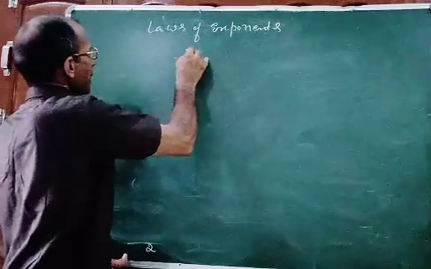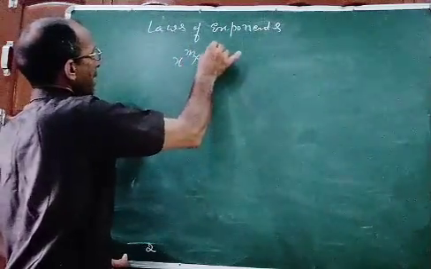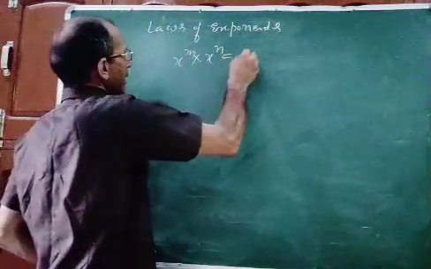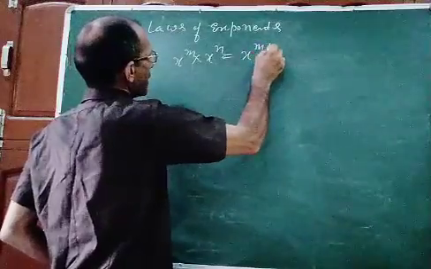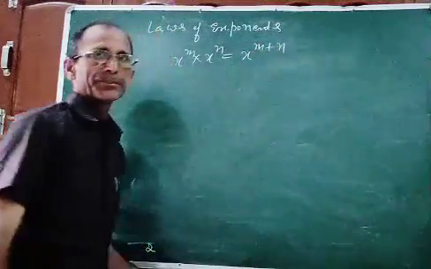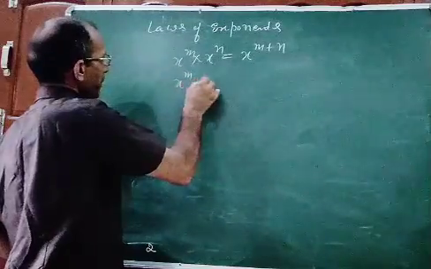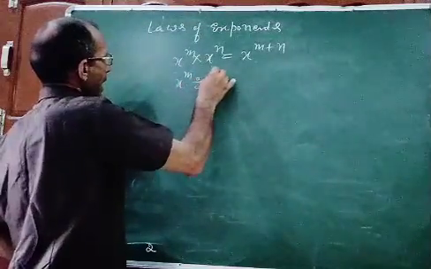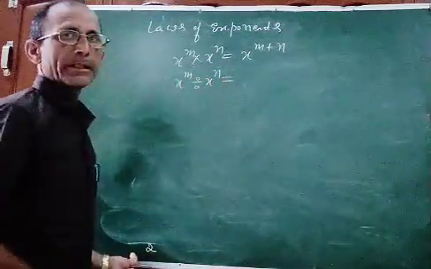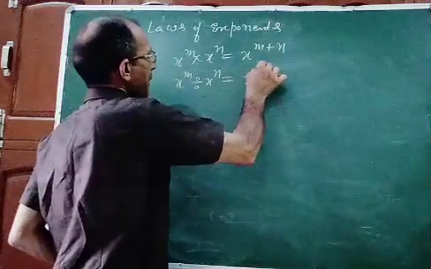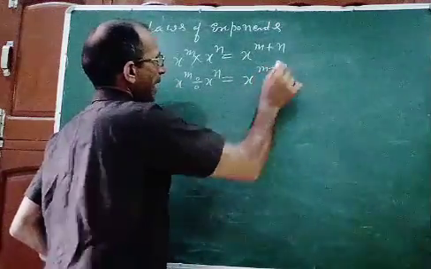So x raised to the power m multiplied by x raised to the power n is equal to x raised to the power m plus n. X raised to the power m divided by x raised to the power n is equal to x raised to the power m minus n.